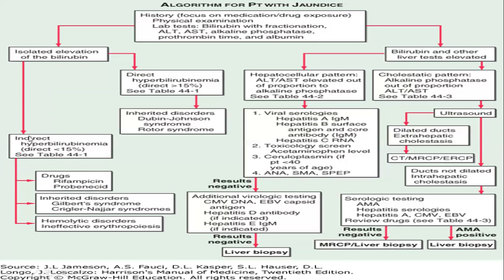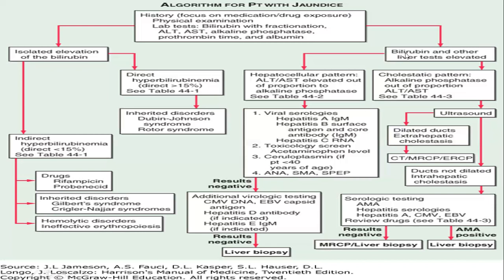Indirect hyperbilirubinemia is also seen in inherited disorders such as Gilbert syndrome and Crigler-Najjar syndromes. And also, as I've mentioned, in hemolytic disorders, no? Or when there is ineffective erythropoiesis. Hemolytic disorders such as autoimmune hemolytic anemia, okay? Sickle cell anemia, like that.